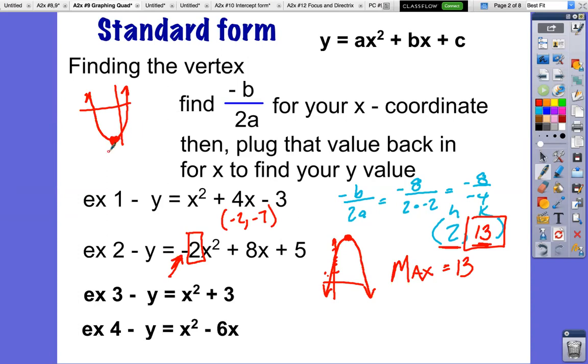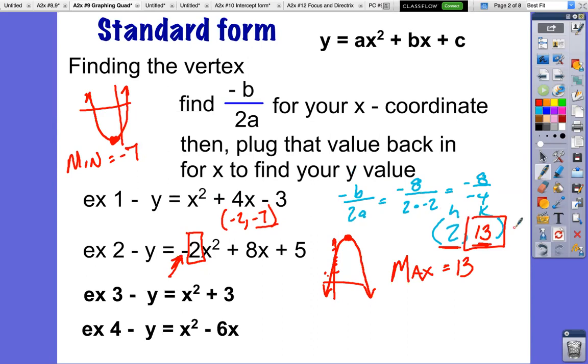It's the lowest point. So because it's the lowest point, if it opens up, then you would have a minimum value of -7. Now we'll take notes on that tomorrow, but I want to kind of show you guys everything plays off the vertex. So it's really important that you guys understand the vertex and what it means.